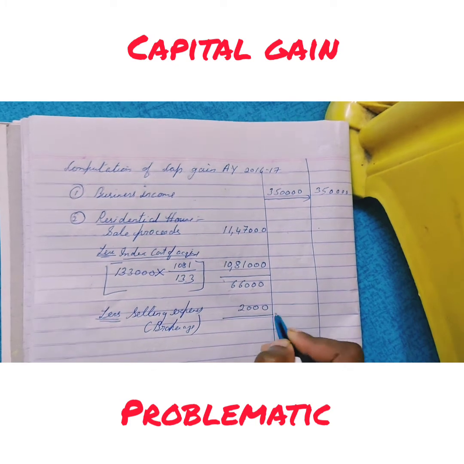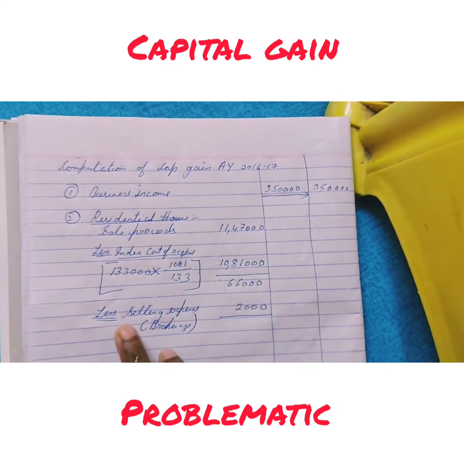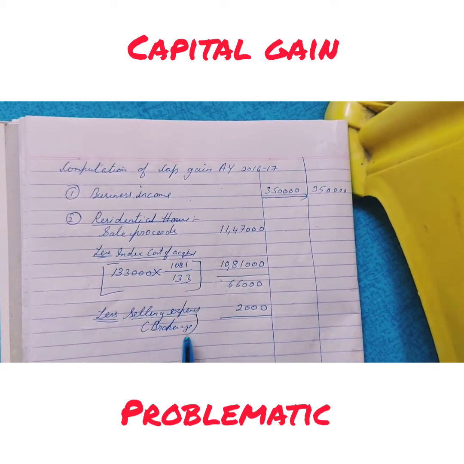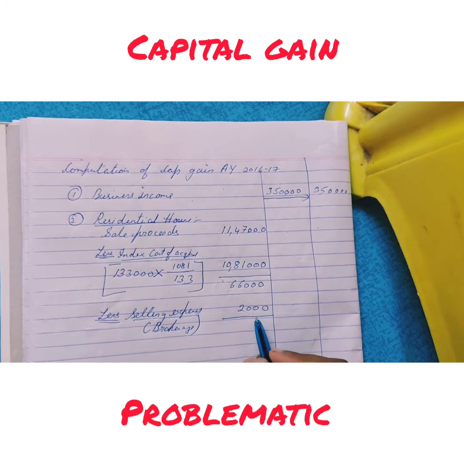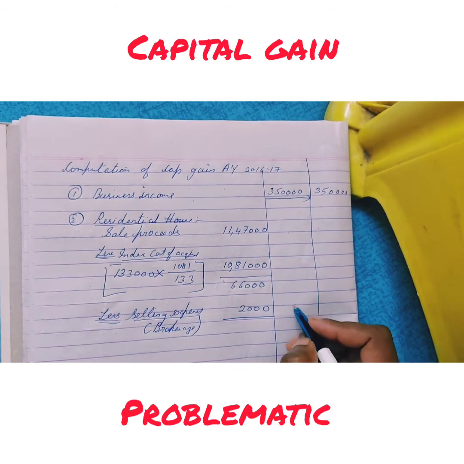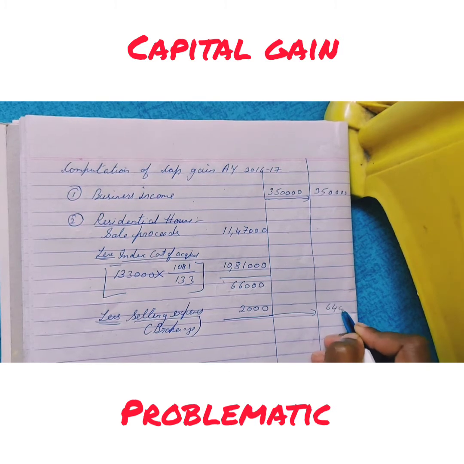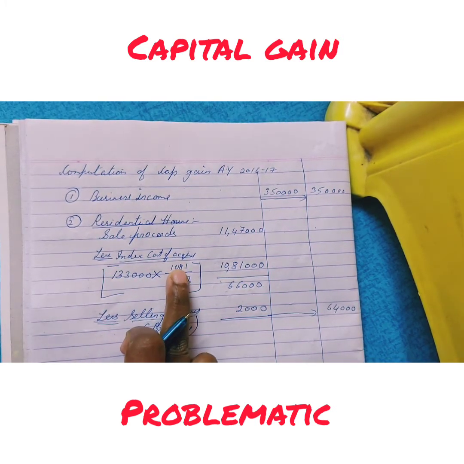Always remember, whatever cost we have incurred to sell the property, all of that comes under selling expenses. So this person has given his property to an agent to sell, and that agent has been paid brokerage, which is 2,000. So after deducting, it comes around 64,000.